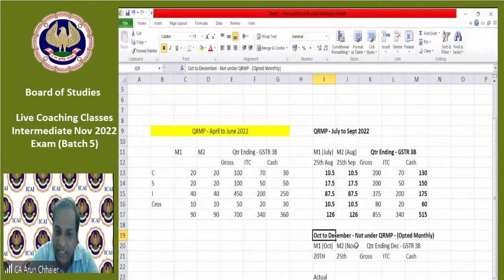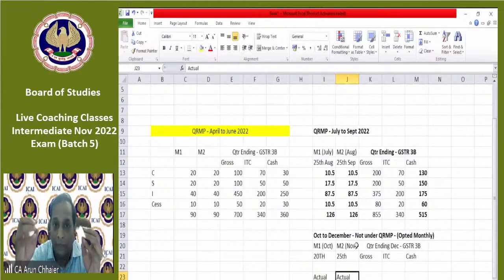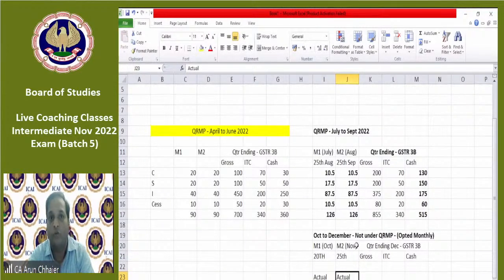If I am under monthly, I will file the GSTR 3B, and I am not required any method, sir. I will pay the actual liability: gross sale, ITC, and the balance to be paid in cash. I cannot opt for the 35% method or 100% method. I am least bothered about the liability in the previous period.